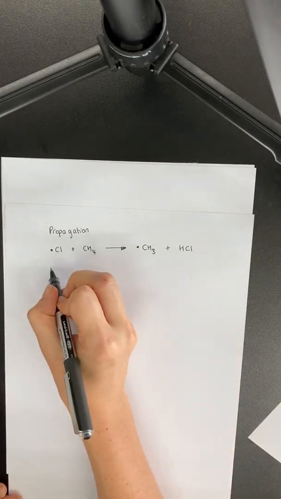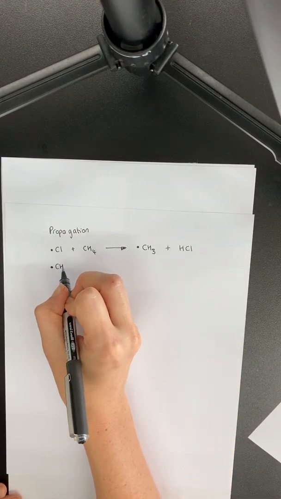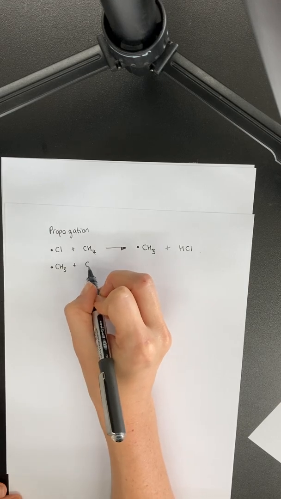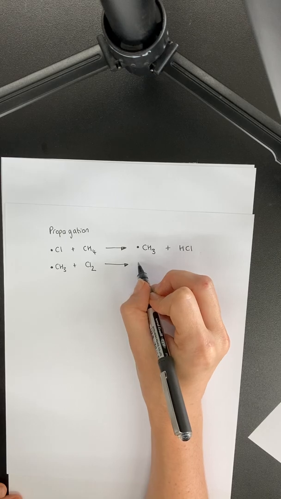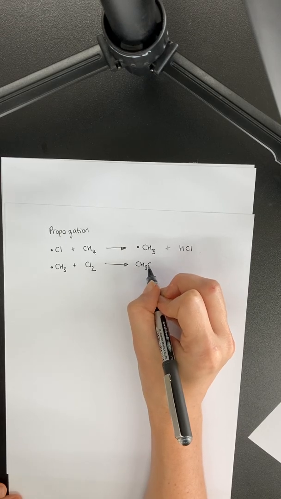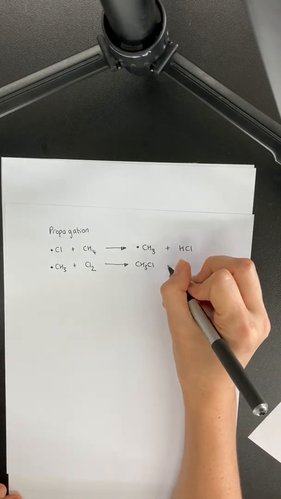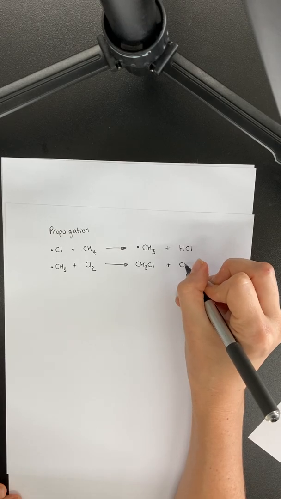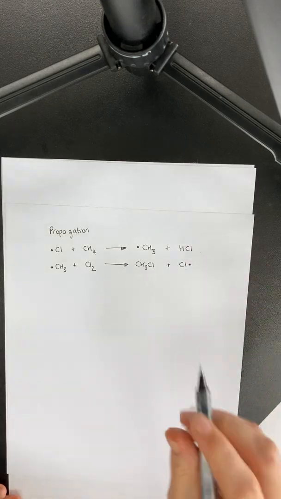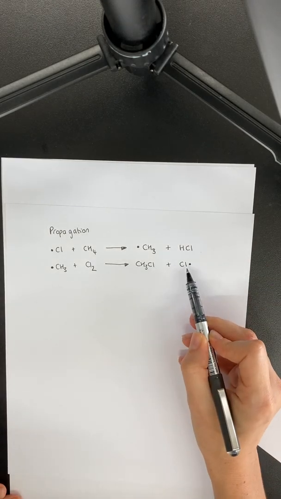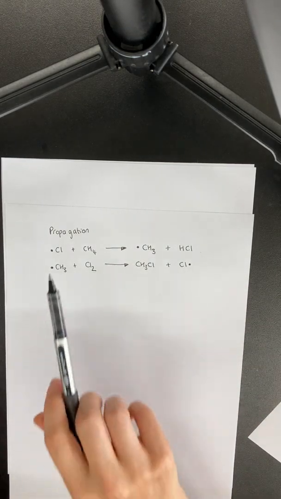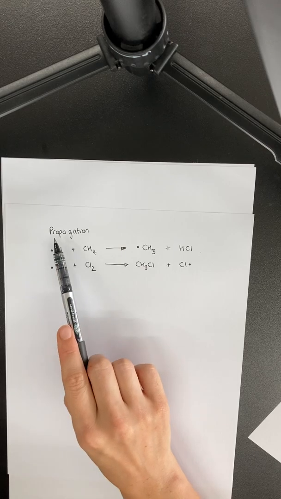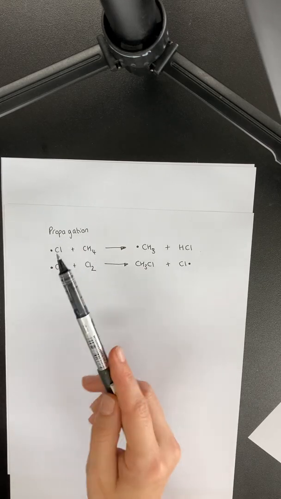This radical, the methyl radical, will then go on to react with a chlorine molecule, okay? And this will make us the chloromethane, and the result of the reaction is that we'll reform the chlorine radical.